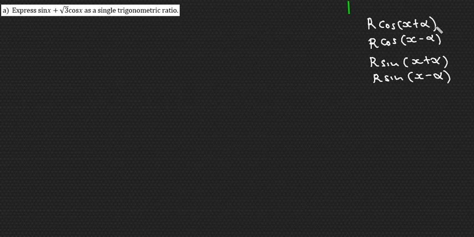So all of them can work, but for simplicity we normally look at the nature of the question. When we look at it, there is a plus here, so all coefficients are positive, meaning it's better to use the ratio whose compound angle expansion will give us a positive, and that is cos(x minus alpha). If expanded, this gives cos x cos alpha plus sin x sin alpha.